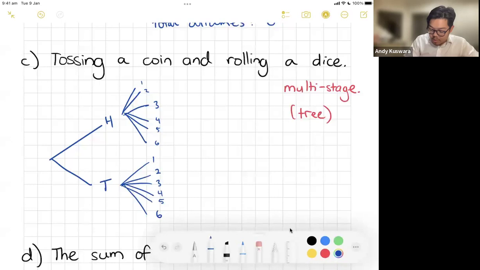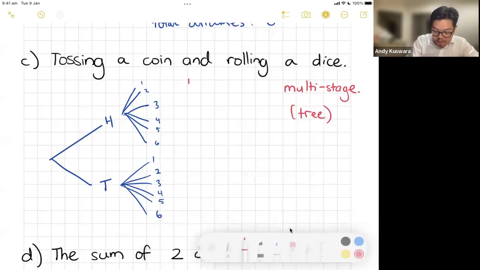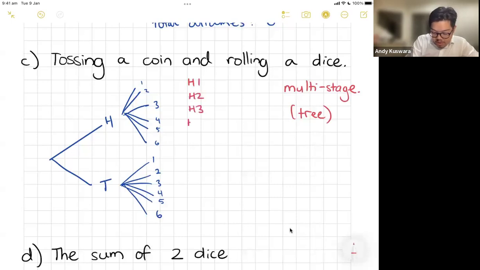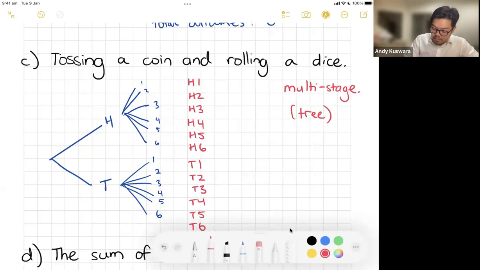Now, with my sample space, that means I can get a head and a 1, head and a 2, head 3, head 4, head 5, head 6, or I could get a tail 1, tail 2, tail 3, tail 4, tail 5, tail 6.